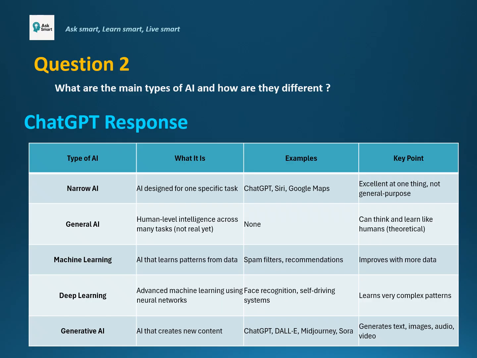Next is machine learning, where AI learns patterns from data, like spam filters or recommendations. A more advanced version is deep learning, which uses big neural networks to understand complex patterns. And finally, generative AI, which can actually create content: text, images, audio, or video. These 5 categories cover almost everything happening in AI today.